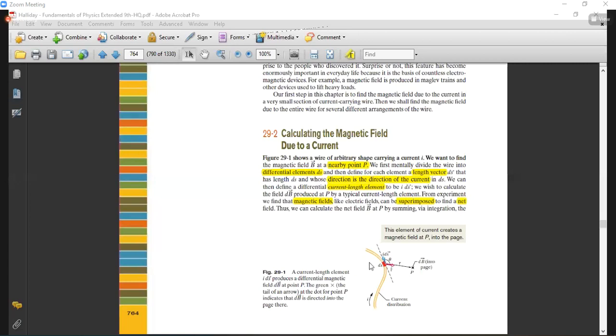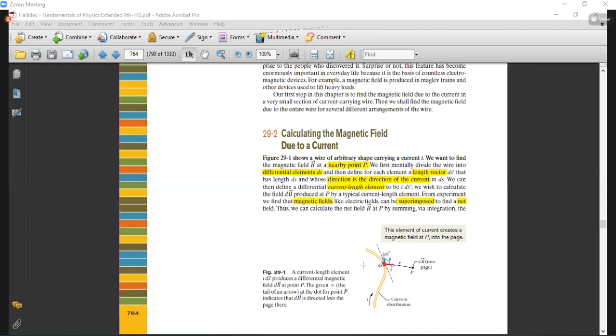That means we will cut this wire into small elements, and one of these elements is equal to ds. All of these elements will have the same dimensions. If we have a long wire of 10 centimeters, we will cut it equally into 1 centimeter elements. Okay, differential elements.